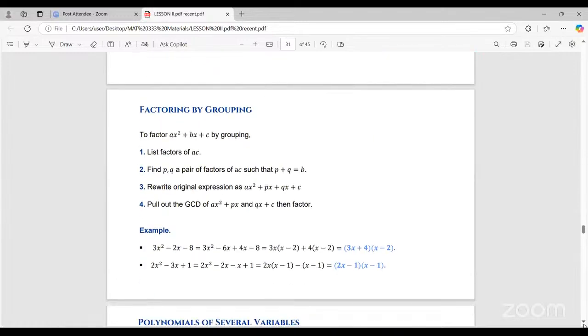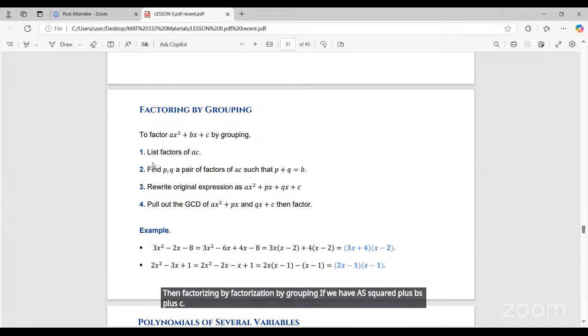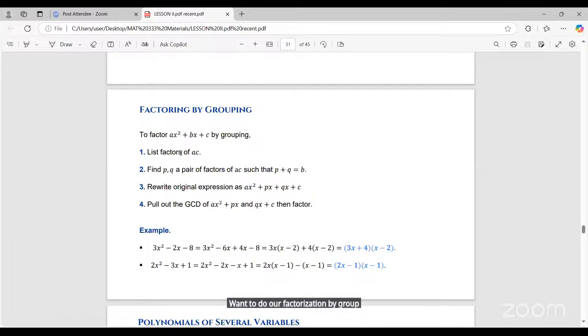Then factorization by grouping. If we have ax squared plus bx plus c, we want to do our factorization by grouping. The first thing is to list the factors of ac. You find p and q, a pair of factors of ac, such that p plus q equals b.